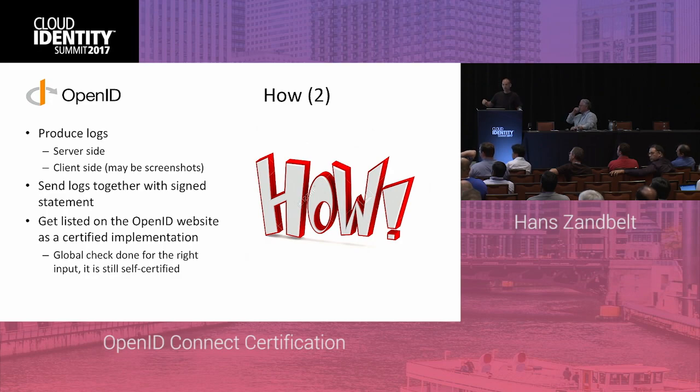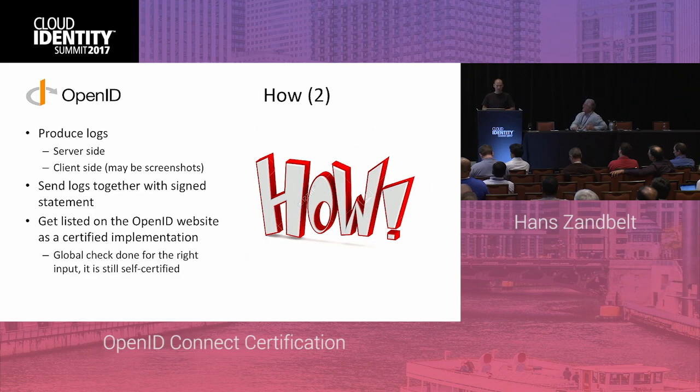So as I said, you run through all of these tests and you produce logs. Logs are recorded on the server side, on the certification server side, that keeps a record of everything that has been executed against it. And you have to produce logs on your client side, on your provider or relying party side. Those logs may also be screenshots that show, okay, this token was rejected, for example.